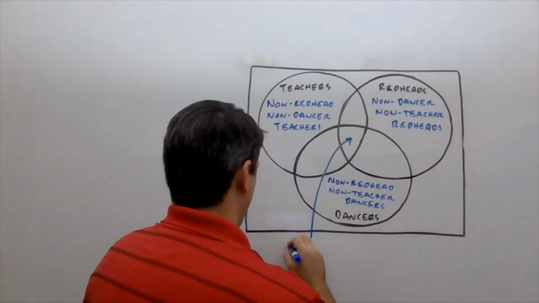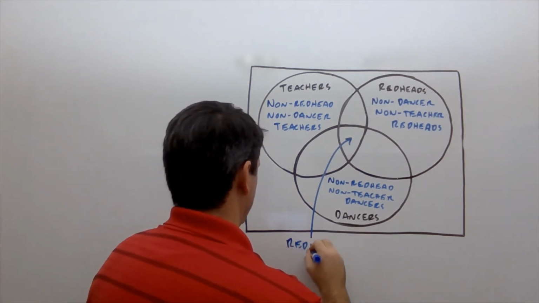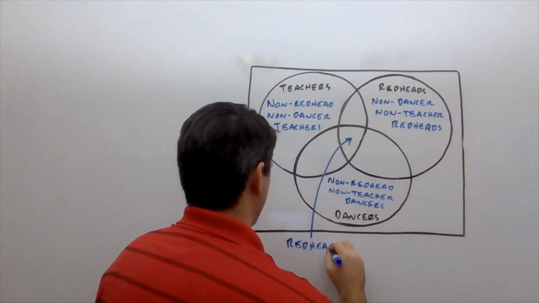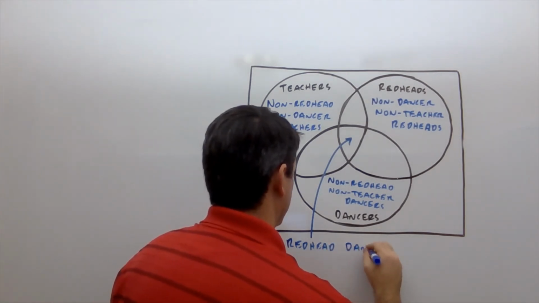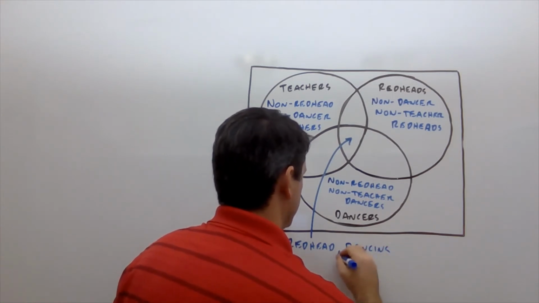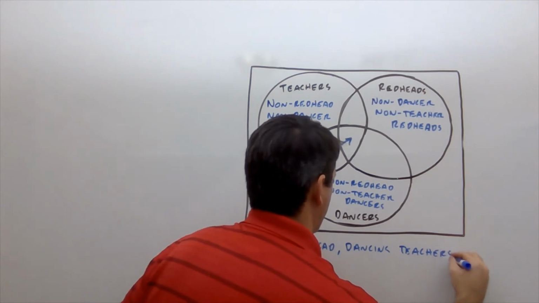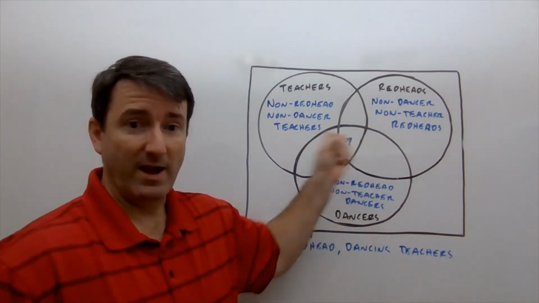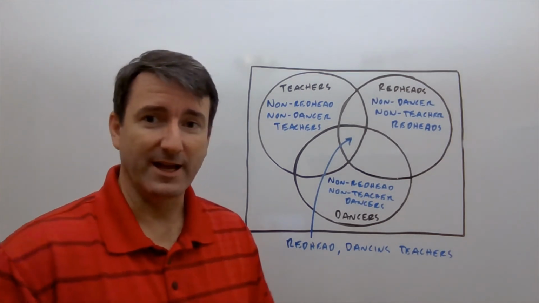So these are going to be redhead dancing teachers. That would be my wife in the center there. She is a redhead, she is a dancer, and she is a teacher.